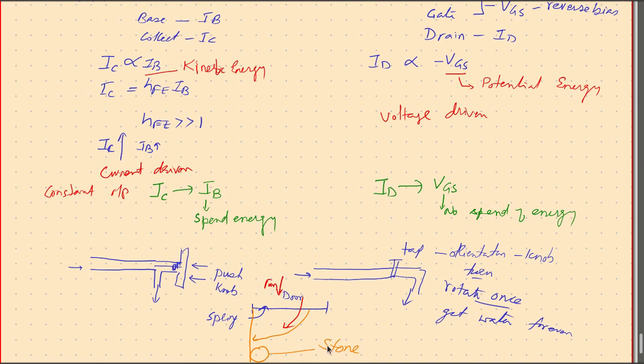Using a stone means nothing to spend. So this works on potential energy, this works on kinetic energy, and that's the difference between working with FET and BJT. So wherever possible, we prefer to work with FET.